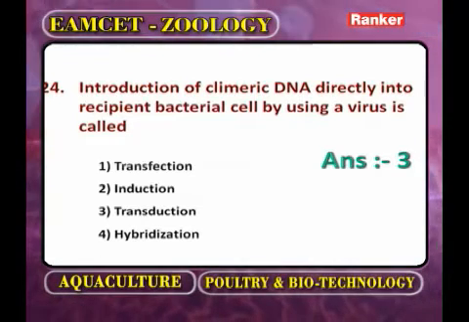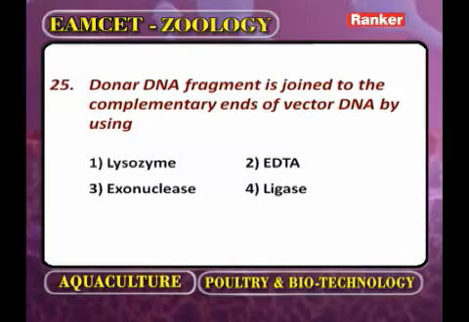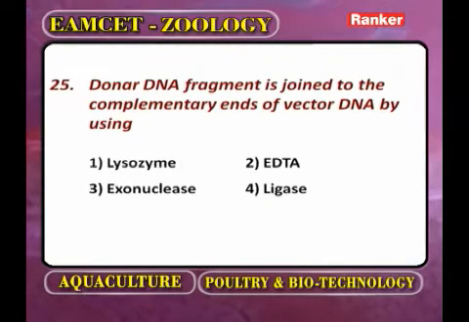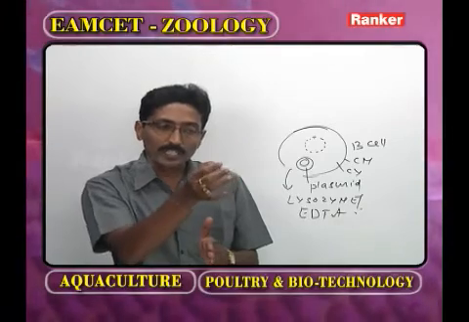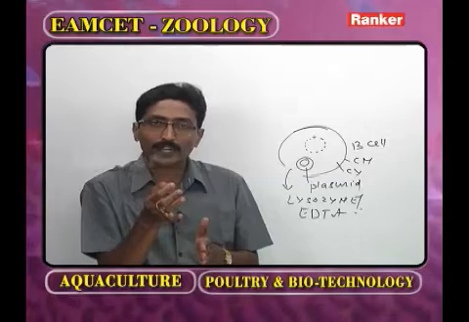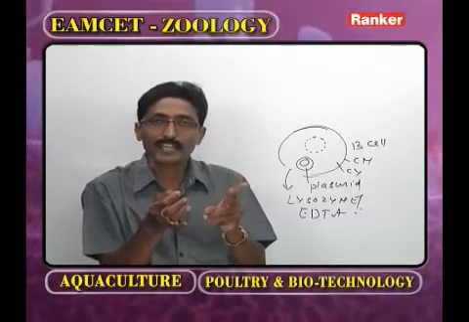Now the next question. Donor DNA fragment is joined to complementary vector DNA by using. From the donor DNA, we are taking one fragment with the help of scissors. Here scissors means enzymes.